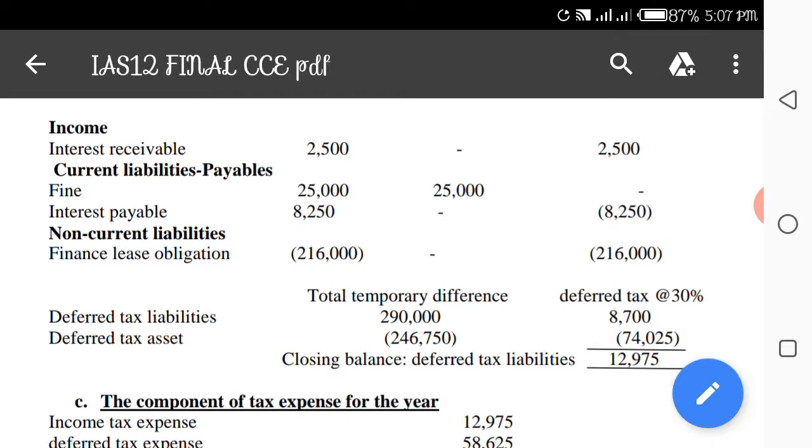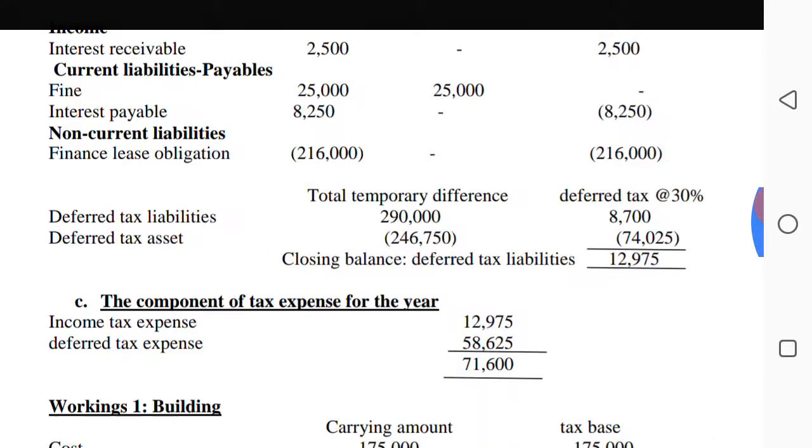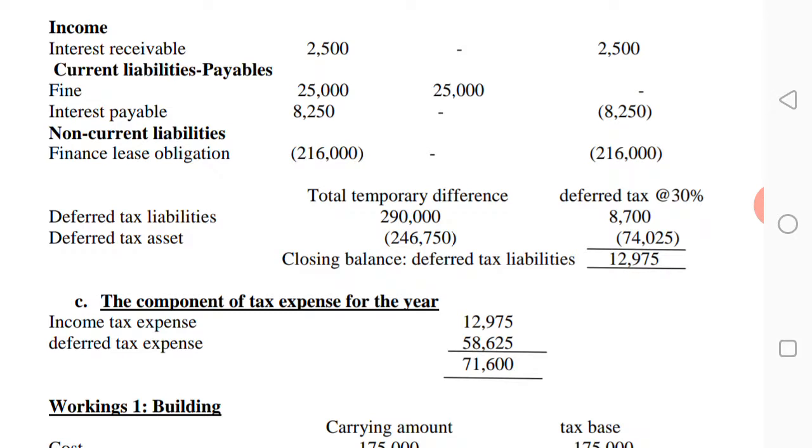So the deferred tax component for the C above will be our income tax provision plus our deferred tax liability. So our deferred tax liability is 12,975,000, while our income tax expense is 58,625,000.